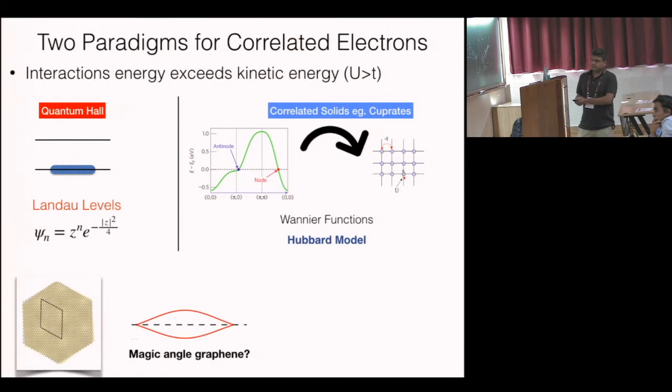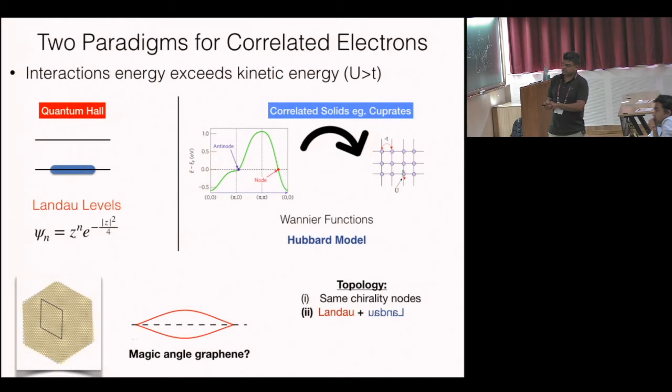In some sense, you'll see that it's a hybrid between these two. Unlike Landau levels, where there's simply no way to write down a useful Wannier function description, you can write down a Wannier function description for this magic angle graphene, but it involves extra bands. You cannot write it down for the minimal set of bands because there is some sort of topology.